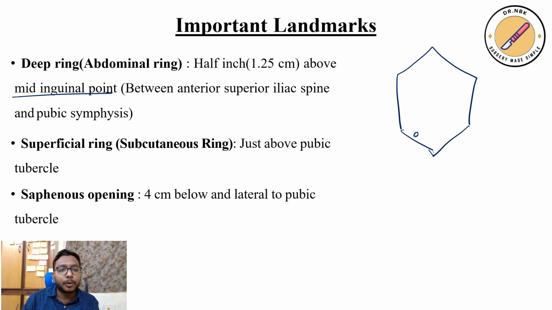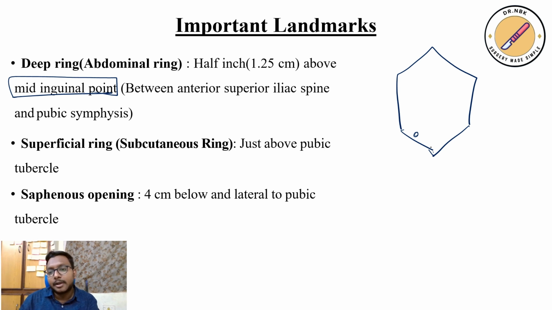Please understand there are two important points we need to understand. The midinguinal point is different from the midpoint of the inguinal ligament. You know that the external oblique muscle comes here and will condense between your anterior superior iliac spine and pubic tubercle to form the inguinal ligament.